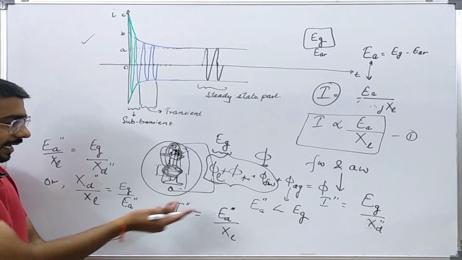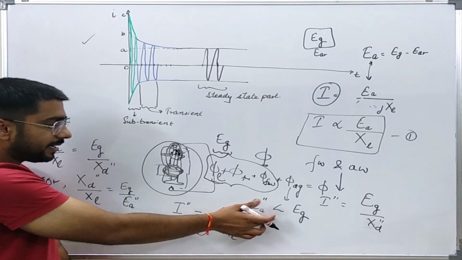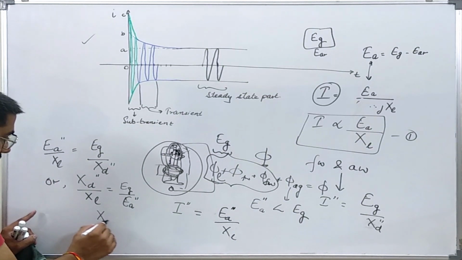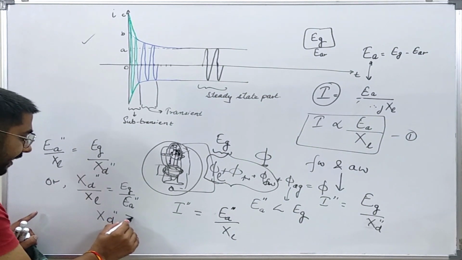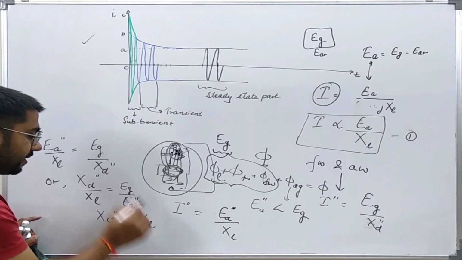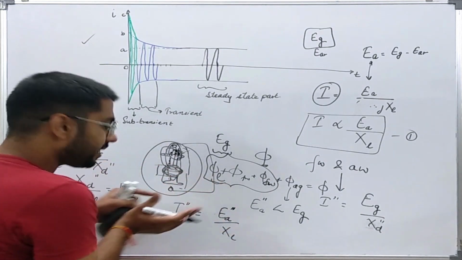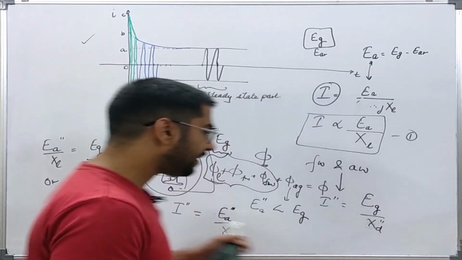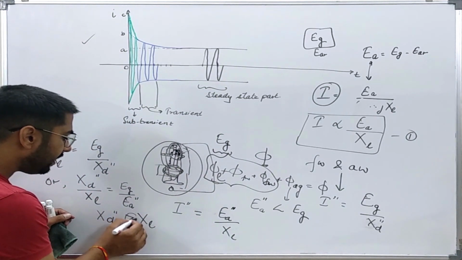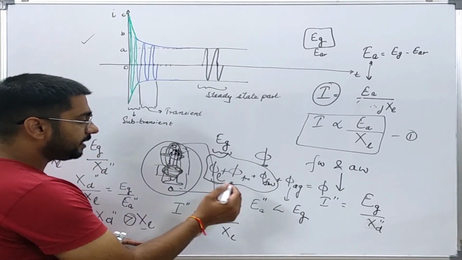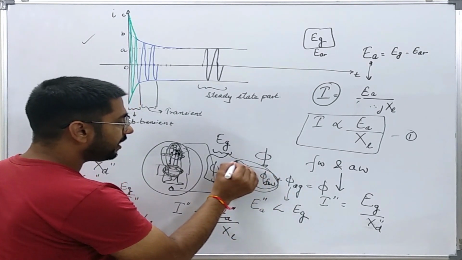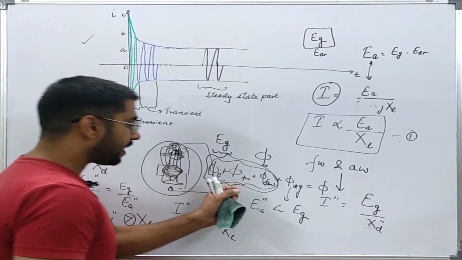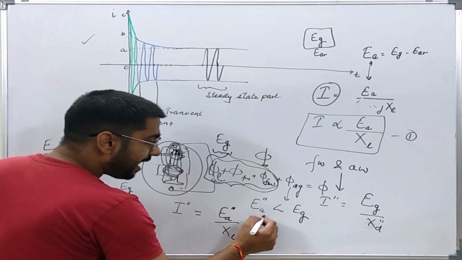Now you see that I have already shown that this Ea double dash is smaller than Eg. It implies Xd double dash is slightly greater than the leakage reactance of the machine. So this is the relation between the leakage reactance of the machine and the sub-transient reactance of the machine. That is, it is slightly greater than the leakage reactance, because this thing will have a very small effect. The effect will not be that much. So that's why this thing is slightly greater only.